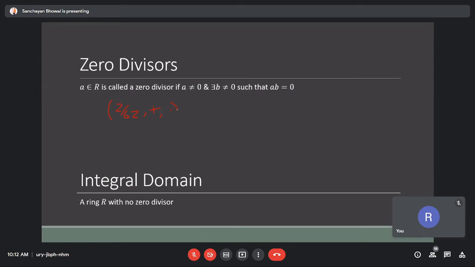Let's take 2 bar in Z mod 6Z. Now if I multiply with 3 bar, which is non-zero, I get 6 bar, which is the same as 0 bar. So 2 bar is a zero divisor. And a ring with no zero divisors is an integral domain. This is also sometimes called just a domain.